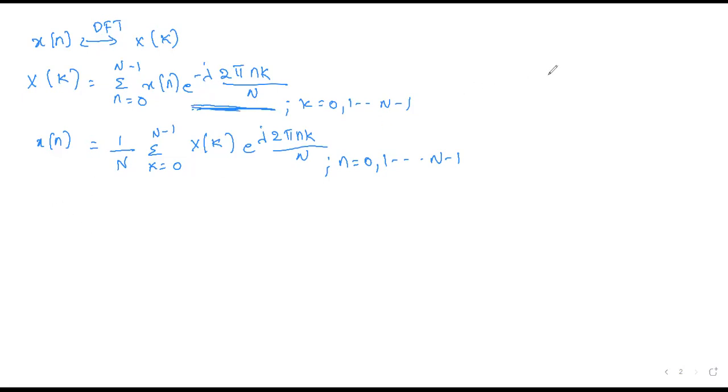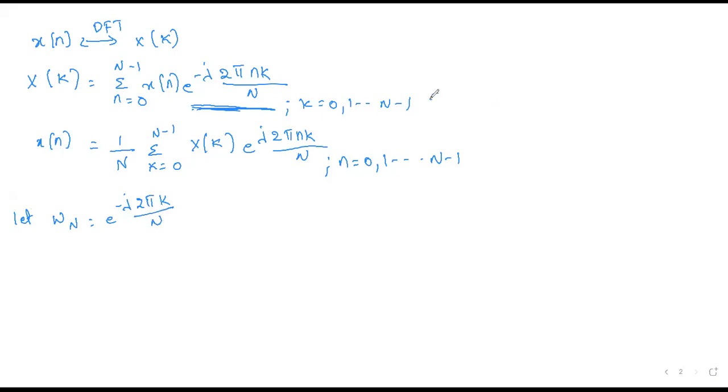Let e to the power of minus j 2 pi by capital N be equal to omega suffix N, right?